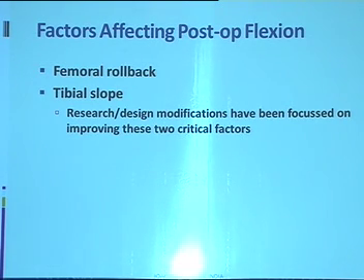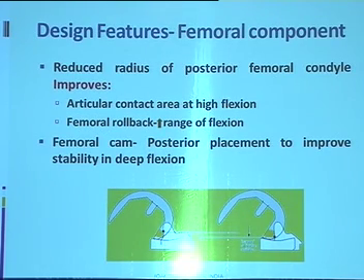There are two major mechanical factors which affect postoperative flexion: the femoral rollback and the tibial slope. The various design modifications are centered around improving these two factors. Some implants have a reduced radius of the posterior femoral condyle, which improves the articular contact area at high flexion and also improves the femoral rollback, which in turn improves the range of flexion.